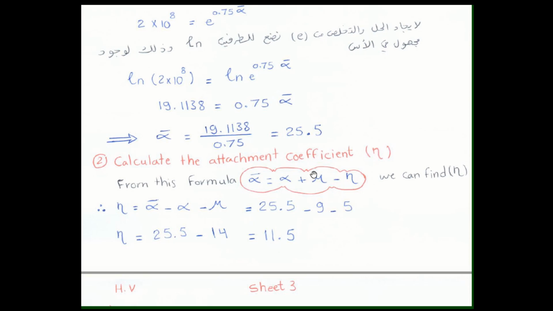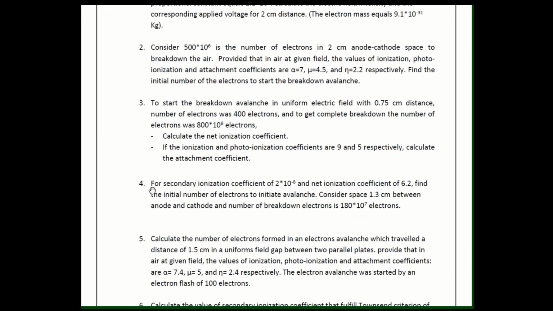So now let's move on to the last question today, which is question number 4. For question number 4, on secondary ionization, here he gives us the secondary ionization coefficient of 2 into 10 to the power minus 8 and a net ionization coefficient of 6.2.